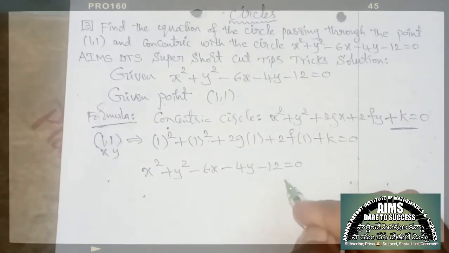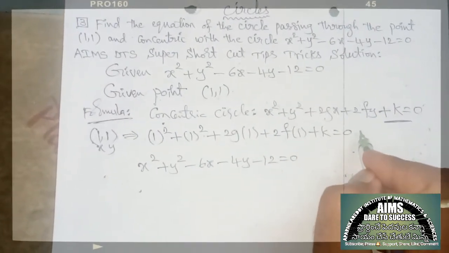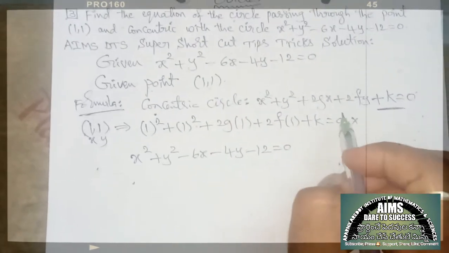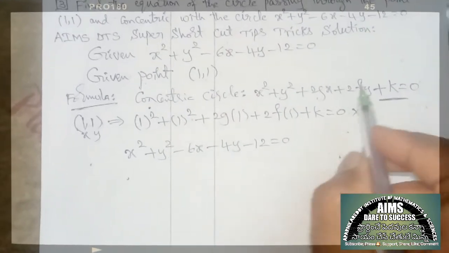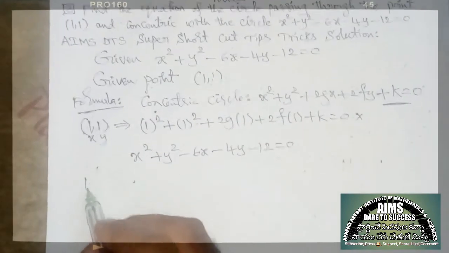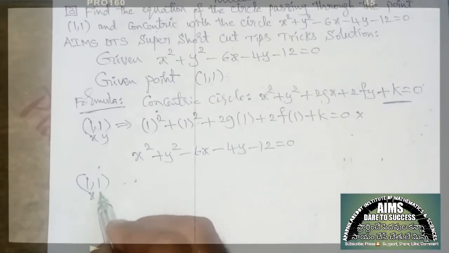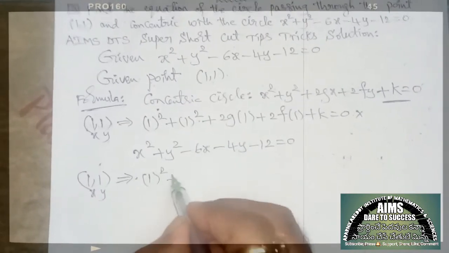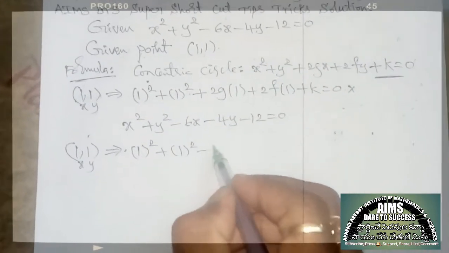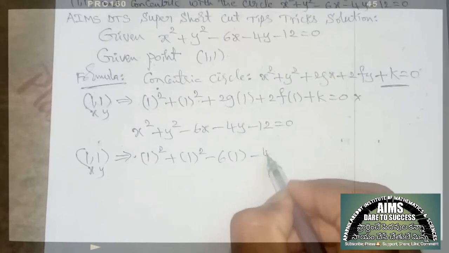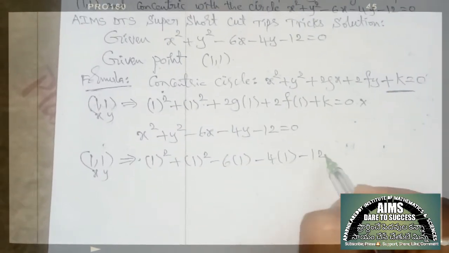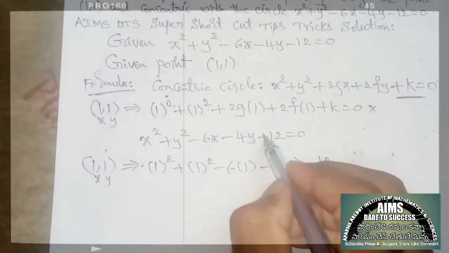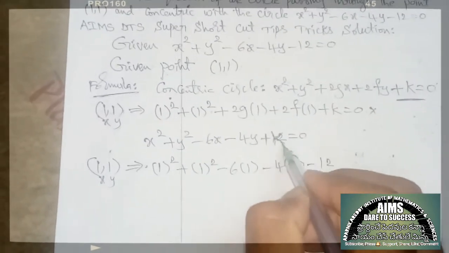Like this you can substitute here, no need to write this one. How to substitute I wanted to explain to you, that's why I told you like that. So here you can substitute x comma y is 1 comma 1. Here we get 1 whole square plus 1 whole square minus 6 into x value 1 minus 4 into y value 1, remove minus 12, plus k is equal to 0, write.